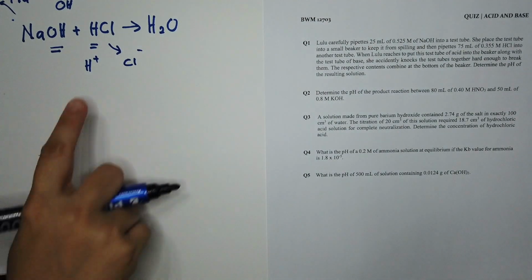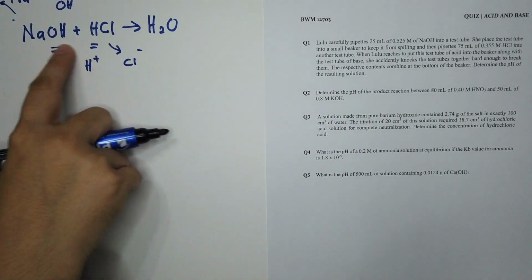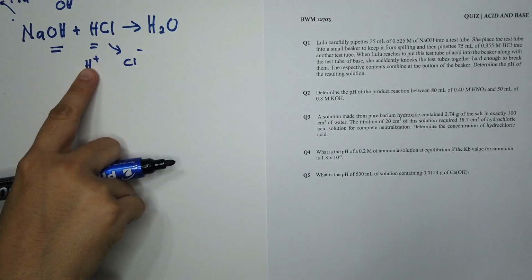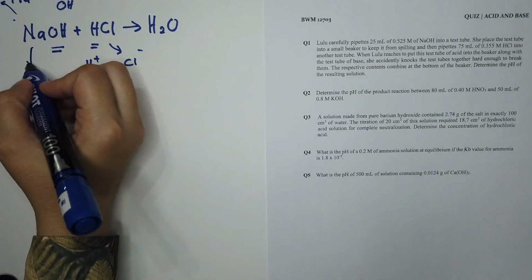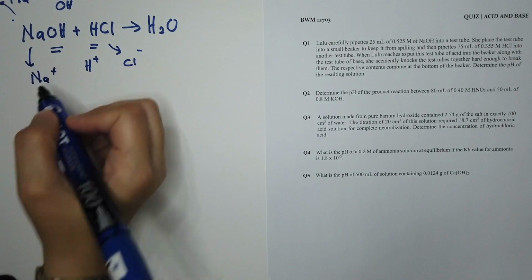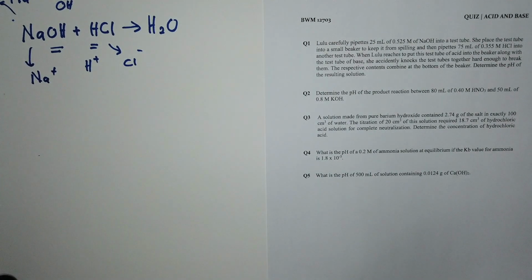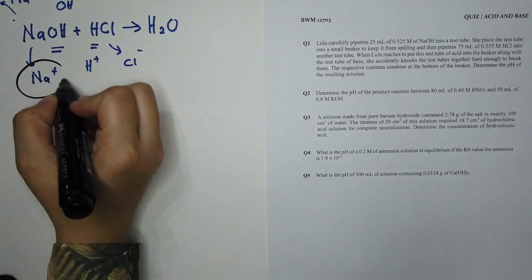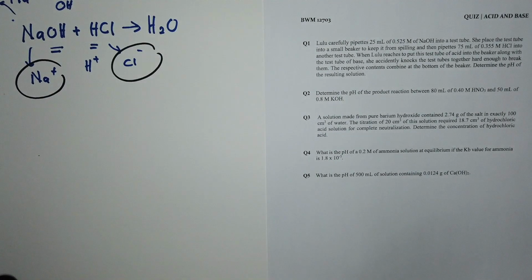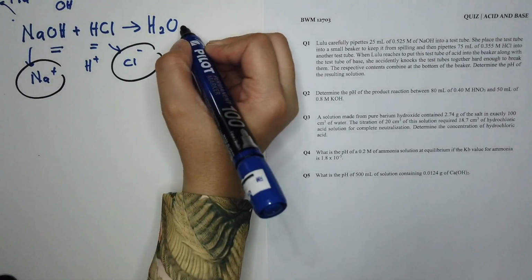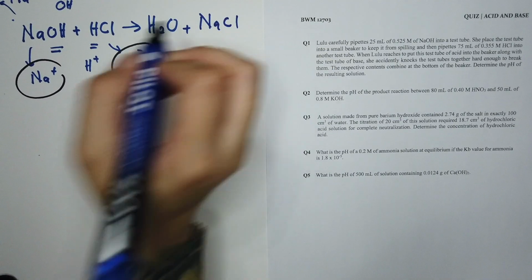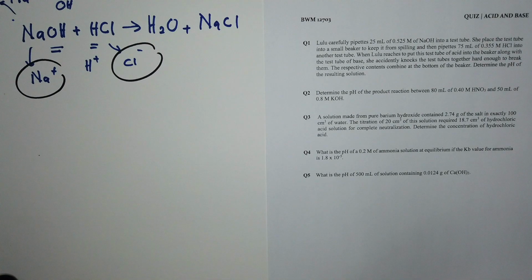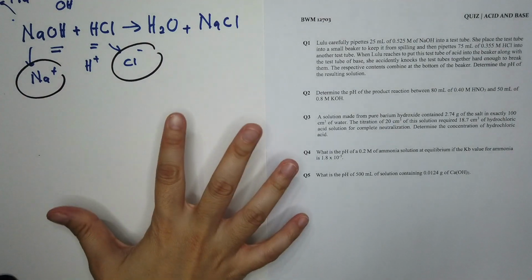Since you already removed the H2O, meaning the H plus and the OH minus, you only have Na plus and Cl minus, so the other product will be NaCl.